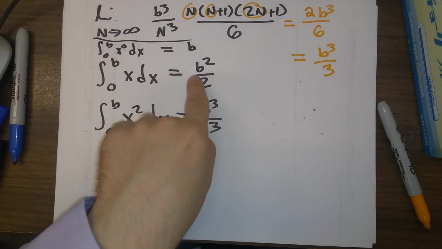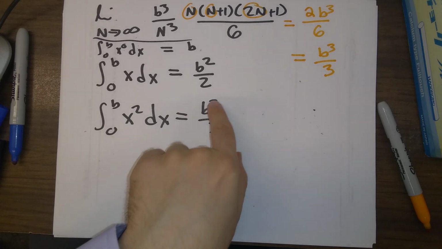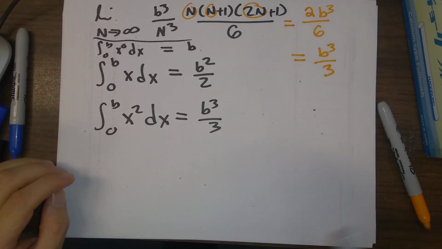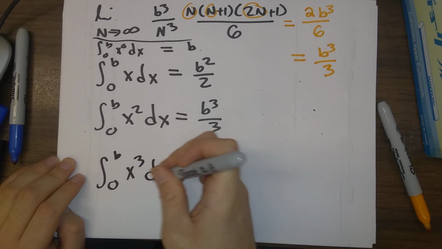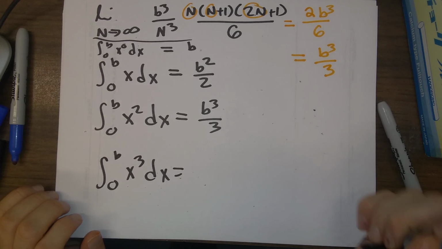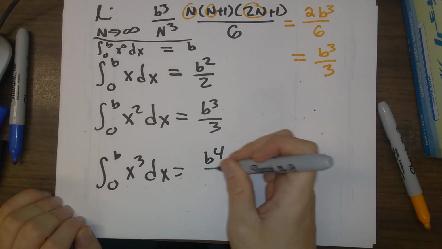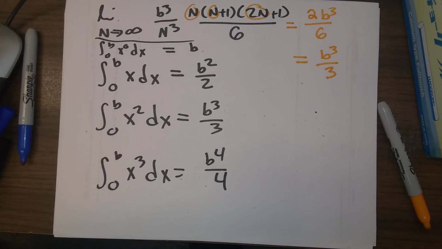The integral of x gives us b squared divided by 2. The integral of x squared gives us b cubed divided by 3. And so it is reasonable to think, what do you think this is going to equal? A good guess that turns out to be true is that the integral of x cubed is b to the 4th divided by 4.